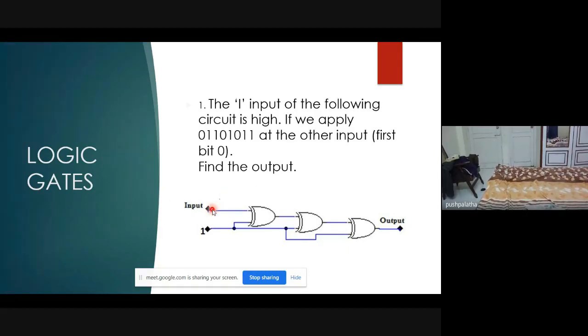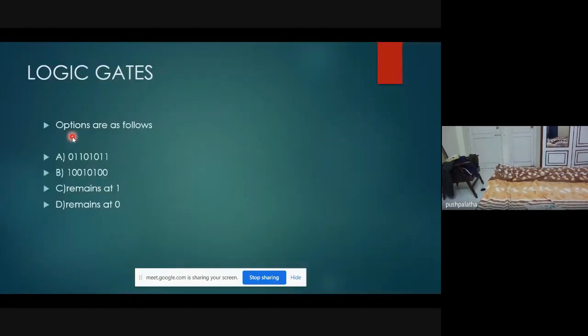Now here the options given are: option A is 0 1 1 0 1 0 1 1, option B is 1 0 0 1 0 1 0 0, option C remains at 1, and option D remains at 0. Please try to solve this question and tell me the answer.